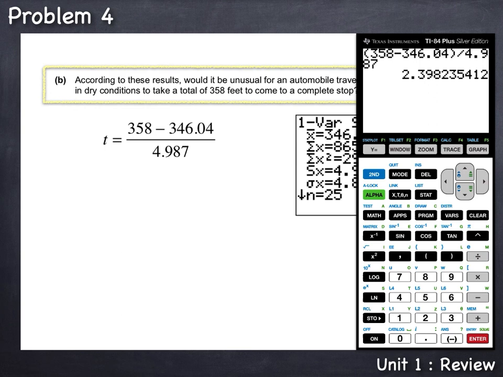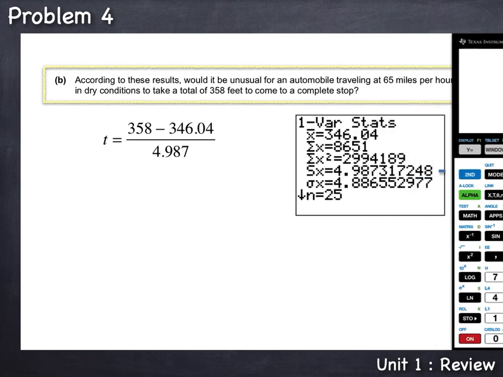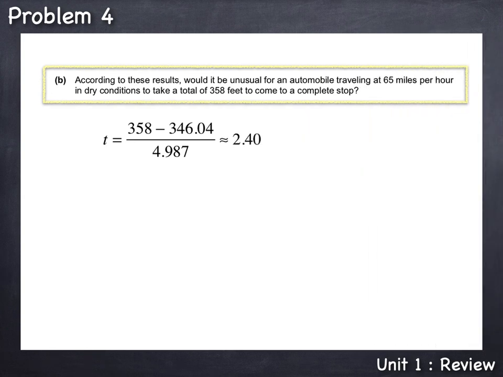And here we get the standard score of 2.398235412. But with standard scores, we just need to round off to the nearest hundredth, or 2 places after the decimal. So when you look at the 3rd decimal place, it's an 8. 8 is 5 or more, so the next decimal place over, 9, rounds up 1. So the 9 rounds to a 10, which we write as 0. Carry the 1, 3 and 1 make 4. So the standard score rounds to 2.40.